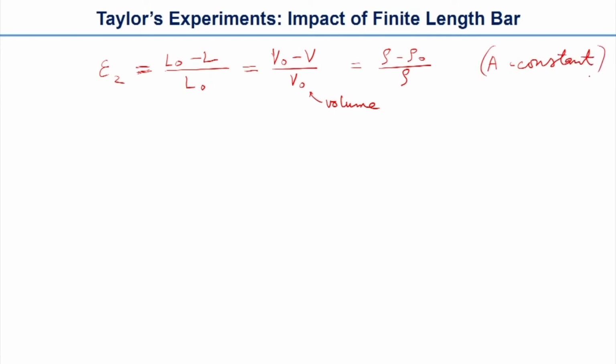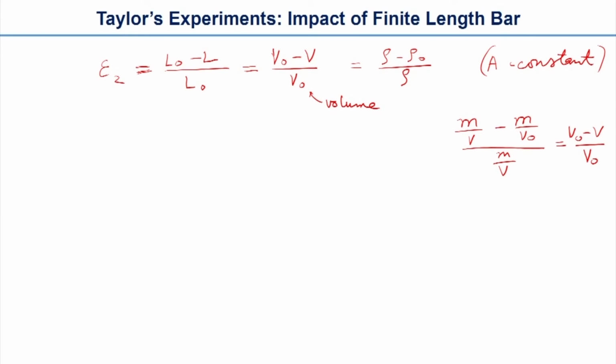If we are wondering how we get this from volume to density, if you start from rho minus rho naught, this will be your mass over V minus the same mass over V naught, divided by m by V, which will be equal to V naught minus V divided by V naught.